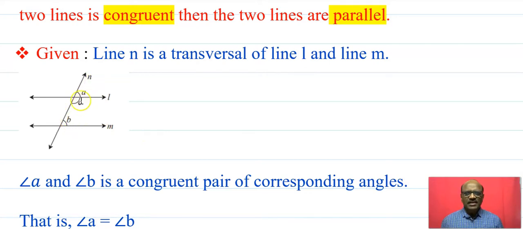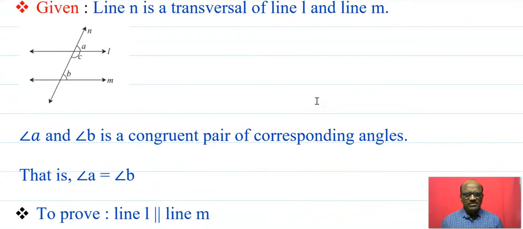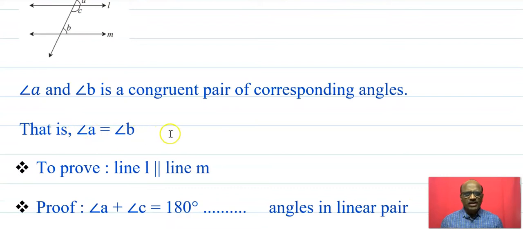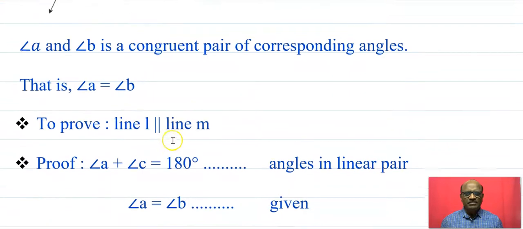Angle C and angle A are linear pair angles. And angle A and angle B are a congruent pair of corresponding angles. Angle A is equal to angle B.